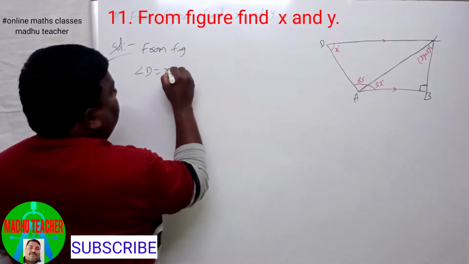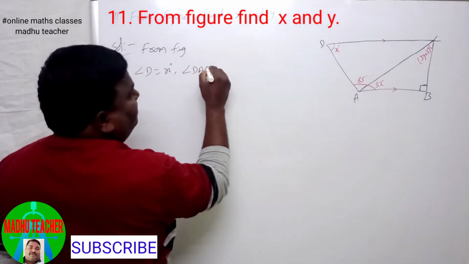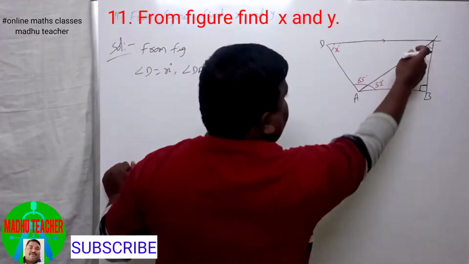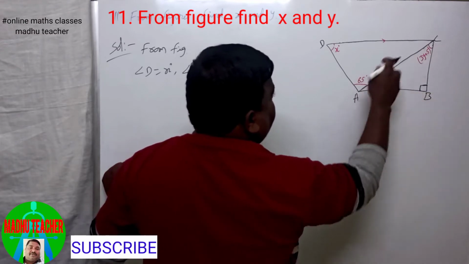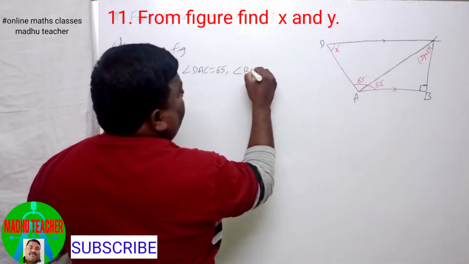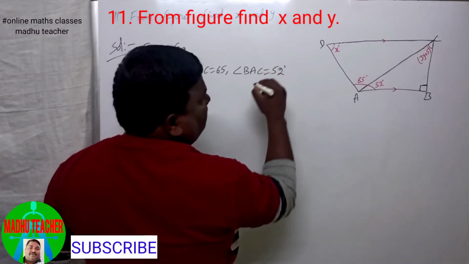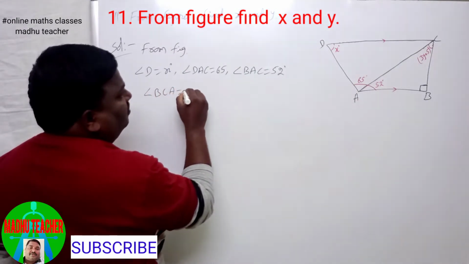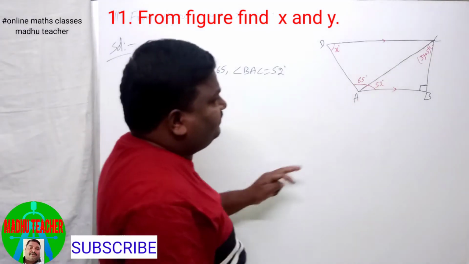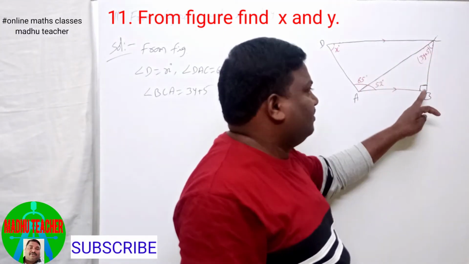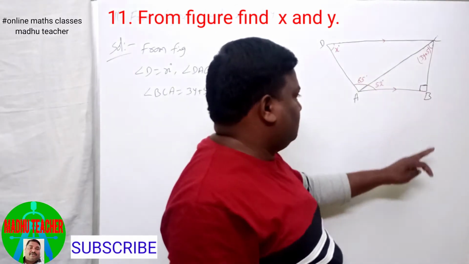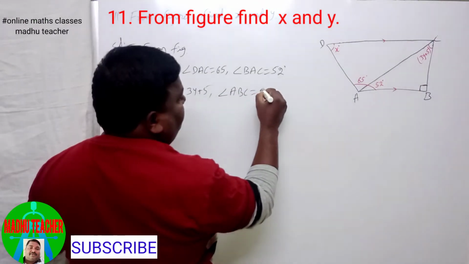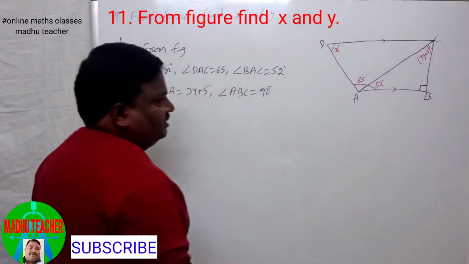Angle D equal to x, angle DAC equal to 65 degrees, BAC equal to 52 degrees, and angle BCA equal to 3y plus 5. So here we have the sign that is perpendicular. Angle ABC equal to 90 degrees.